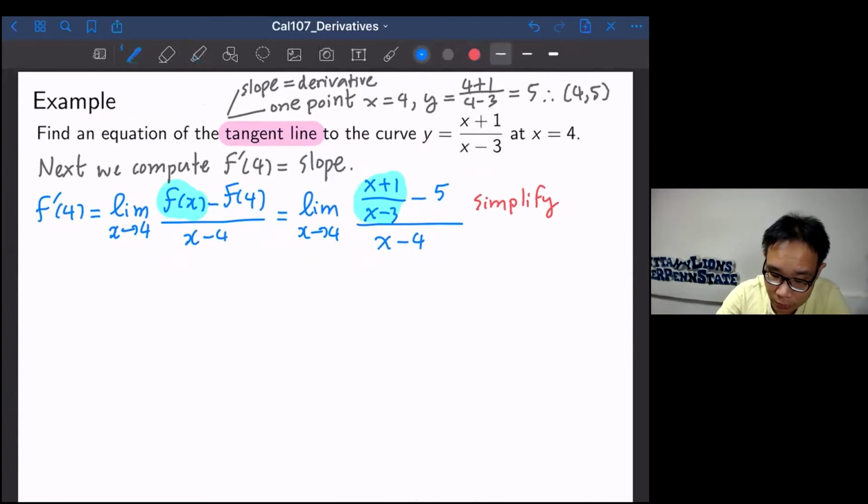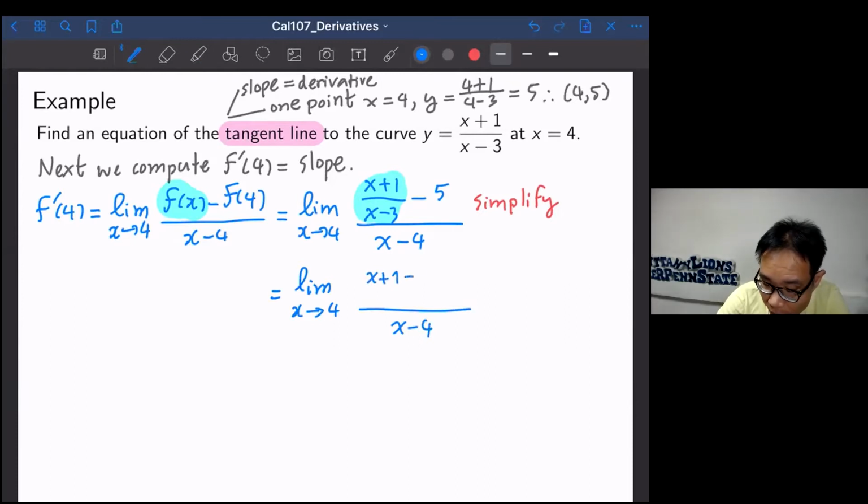So this is the limit as x goes to 4 of f of x. You're going to combine the top part, the bottom part, and just copy it down. So you get x plus 1 minus 5 times x minus 3, and everything is over x minus 3.